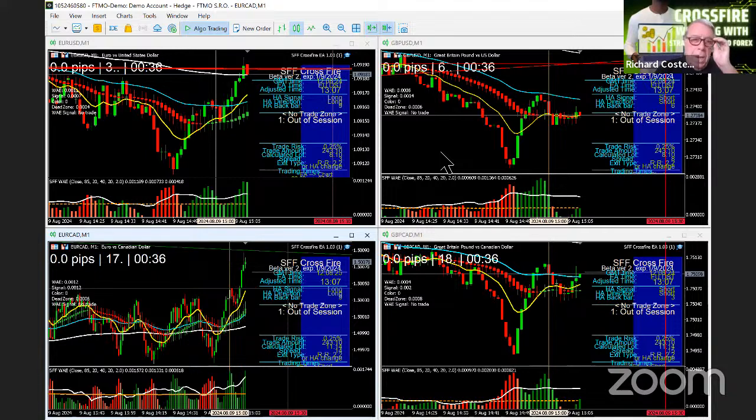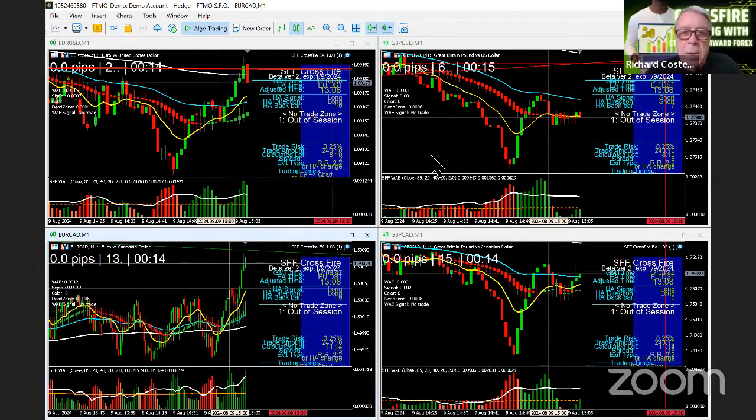So I've asked Oliver if we could program something into the assistant that says, if I'm in one trade, automatically keep me out of the other three, or if you put me into a second one, I want it to be this one or that one or whatever. I want it to give us the choices rather than automatically going for four trades just because we can.